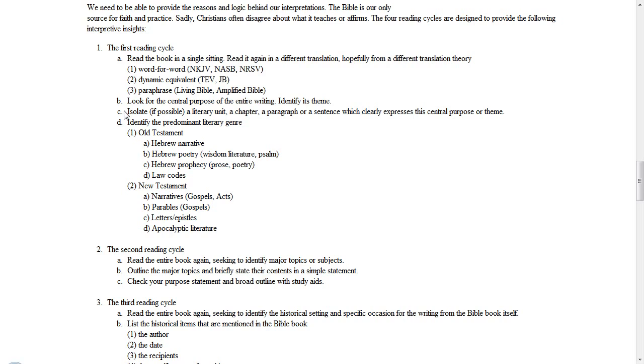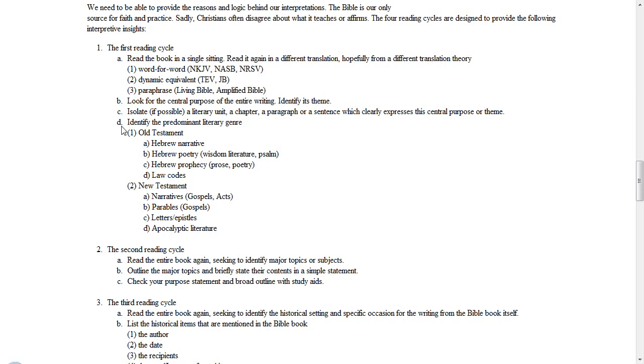So what he's saying is isolate that one part in the book. Say you're taking the book of Colossians, and try to isolate that one part that you feel is the theme for the whole book, and note that. Say, okay, this paragraph or this chapter or this sentence seems to portray the real substance of what this book's about.